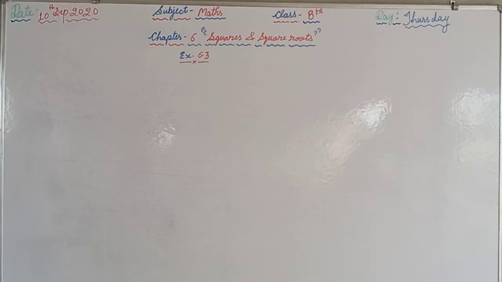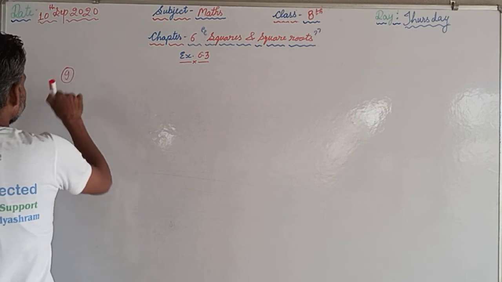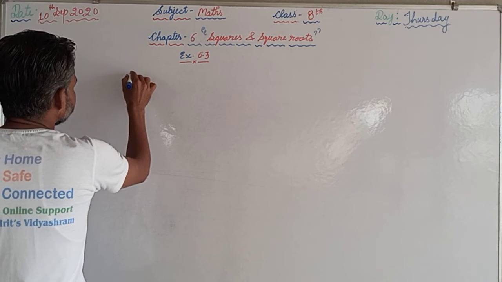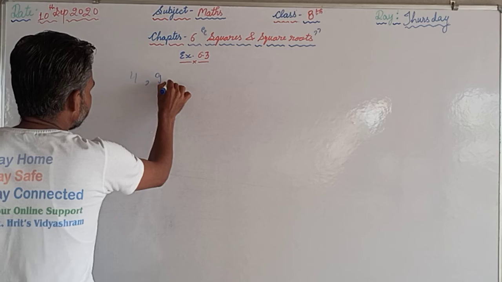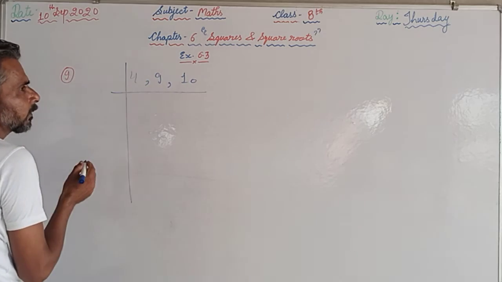Find the smallest square number which is exactly divisible by 4, 9 and 10. First of all we have to find the LCM of 4, 9 and 10.